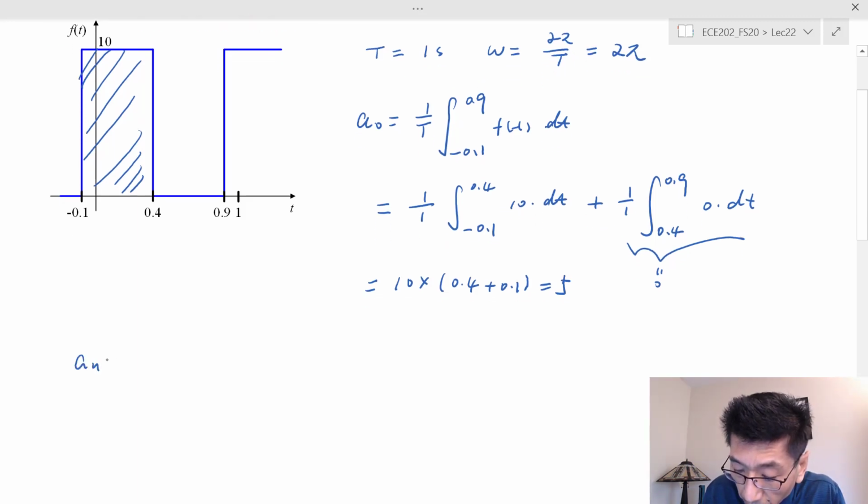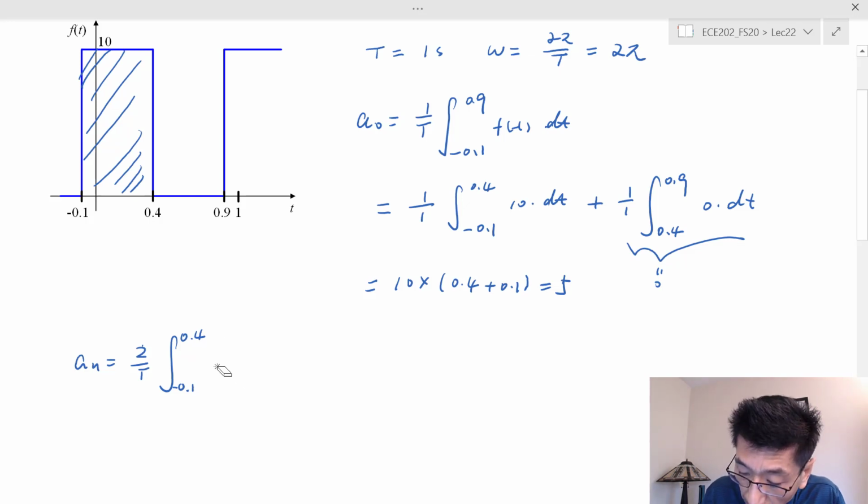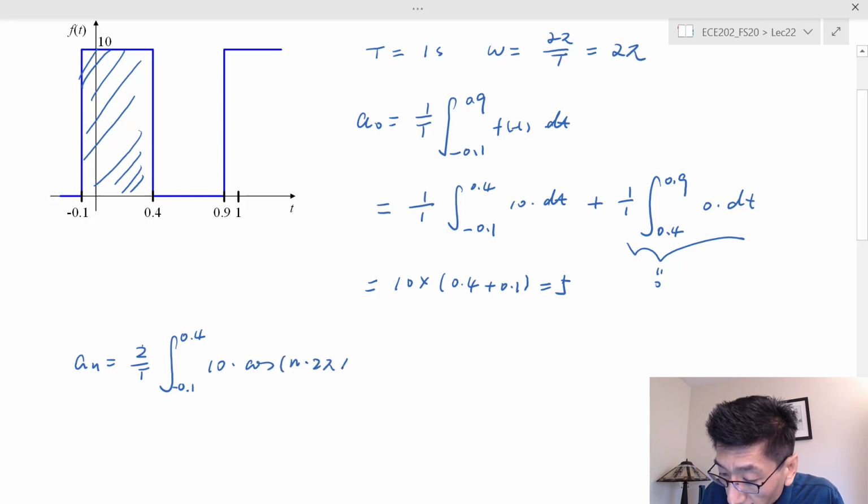And let's look at a_n. The a_n is going to be equal to 2 over T integral from 0 to T of f(t) cosine n omega t dt. Here we're not going to go from 0, so we go from negative 0.1 to 0.9. Instead of 0.9, I'm going to directly go to 0.4, because in the other half period f(t) is equal to 0. So I can directly write 10 times cosine of n omega t, where omega is 2 pi, dt.